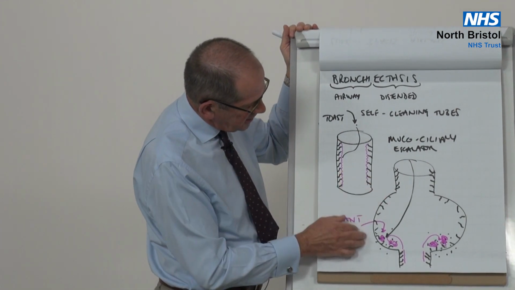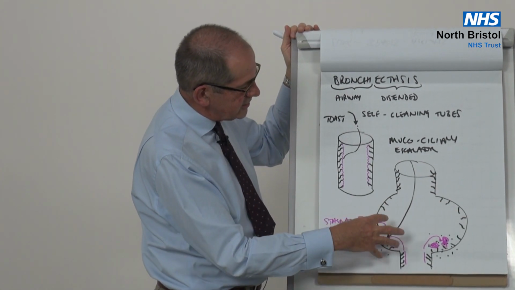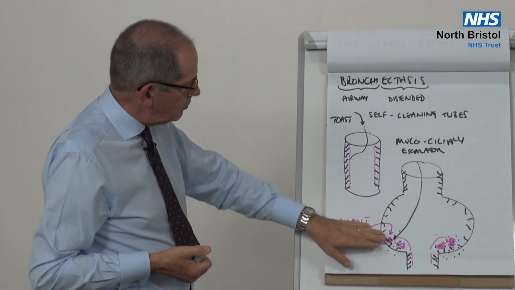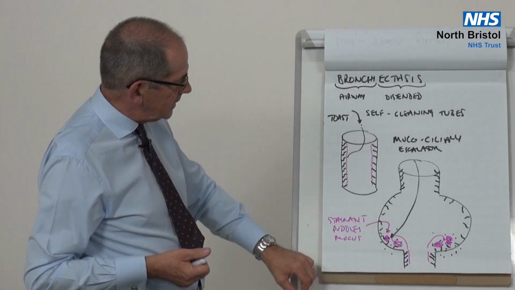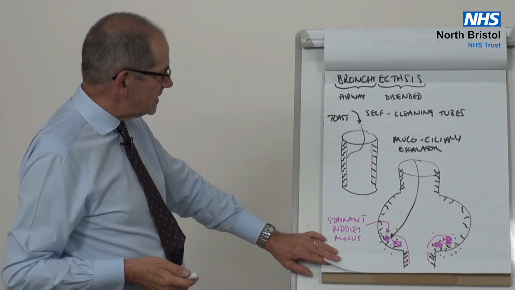So here is the bronchiectatic airway with the bugs colonizing and on occasions proliferating to cause infection in the lung, all because the mucus can't get out of the lung normally. So that's what bronchiectasis is.